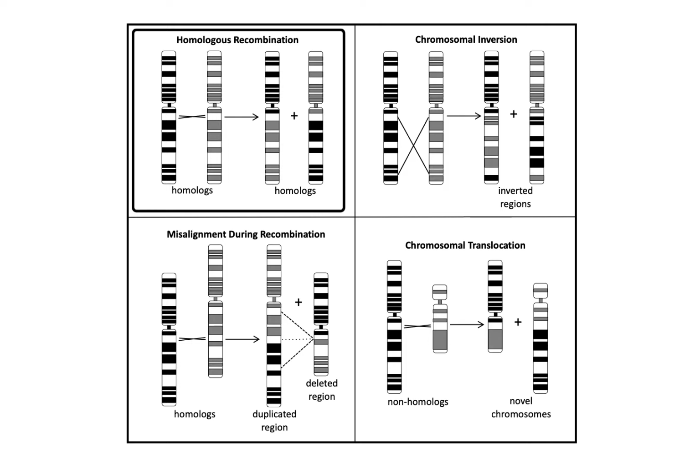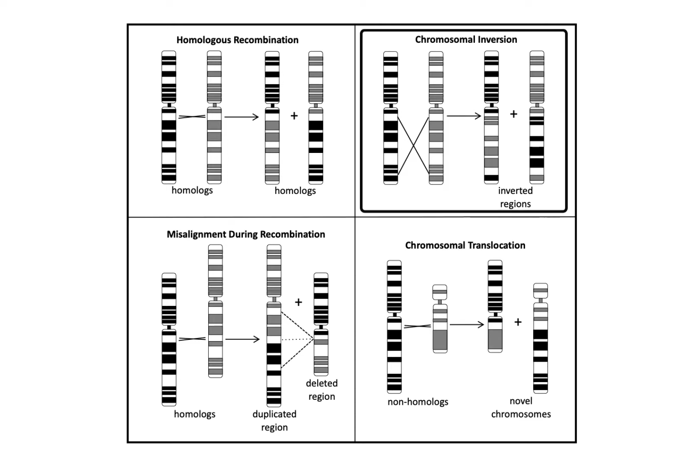And although it seems like that wouldn't make a big change, it can sometimes cause a change right at the position of the crossover, so you can get misalignment there. You can also have regions inverted along the chromosomes, and in this case, these inversions may affect regions right where the inversion takes place, those borders.